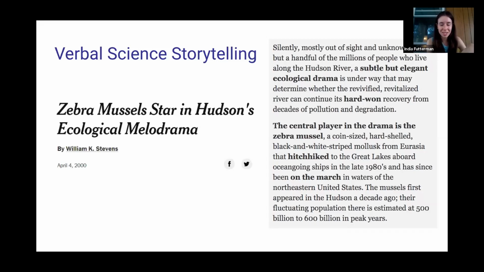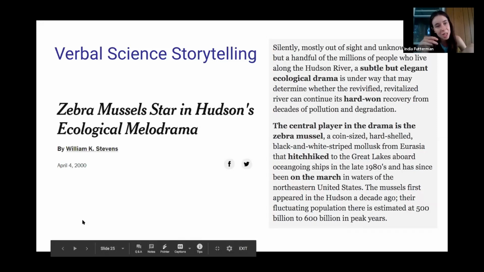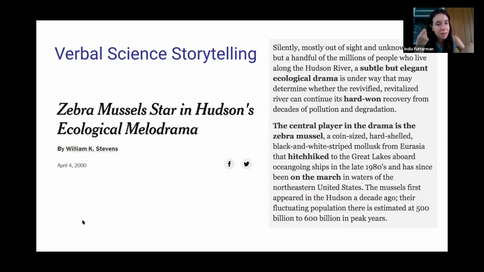And I also think it's interesting that the author frames the Hudson River as a character in the story as well. The Hudson River is not just the setting, it is also a character, which is fascinating, I think. On the march, hitchhiked, all of these anthropomorphizing tools that the author uses to help us relate to and connect to the zebra mussel story.